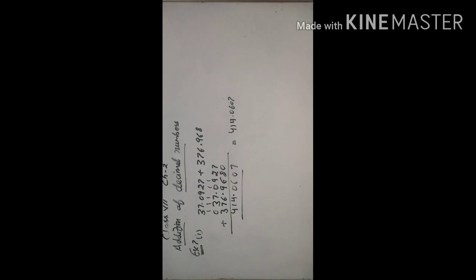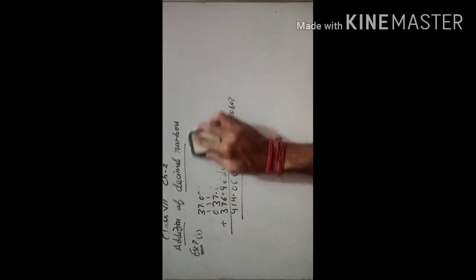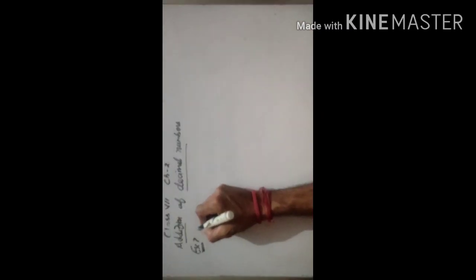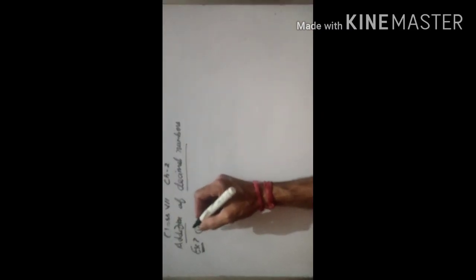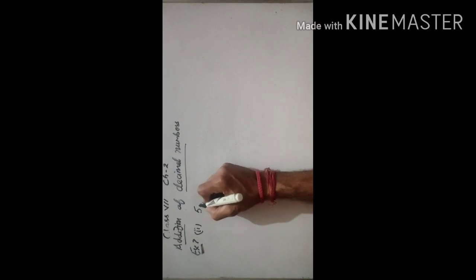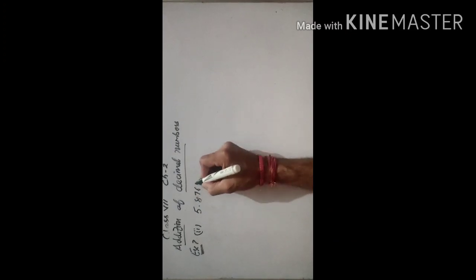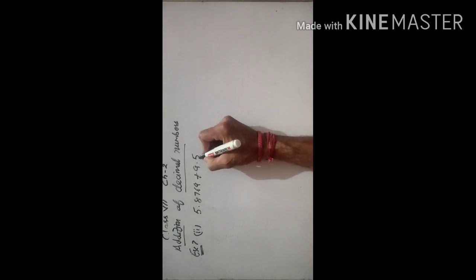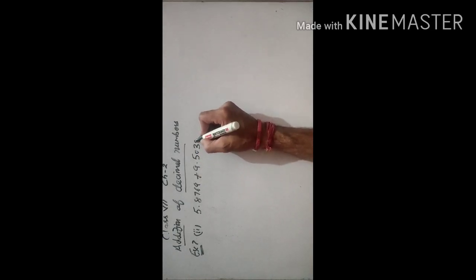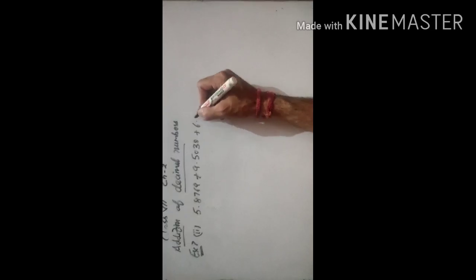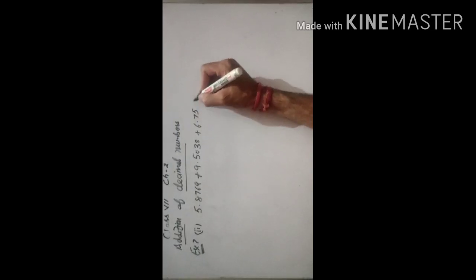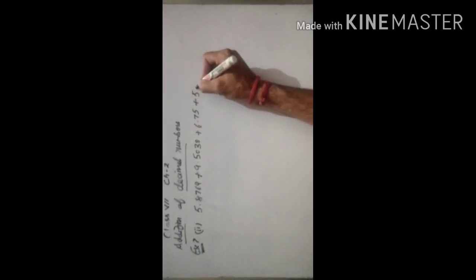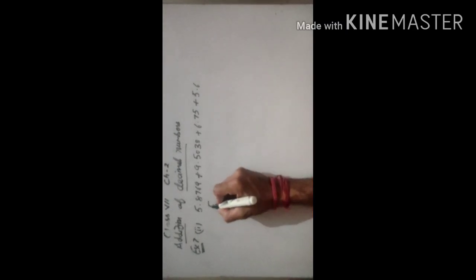Now the second part is: add 5.8769 plus 9.5038 plus 6.75 plus 5.6.